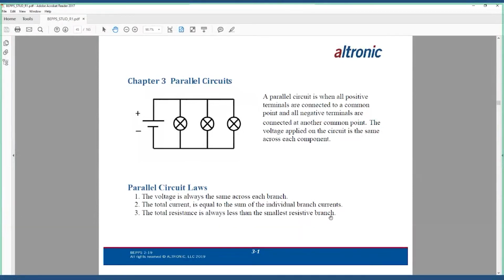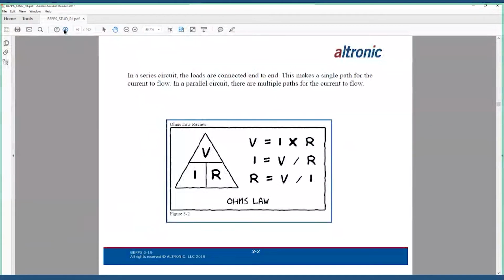Makes sense. And we'll see if we can't answer that and make everybody understand that here in a minute. So again, there's our Ohm's law formula. Give you a chance to write it down if you hadn't already done so.